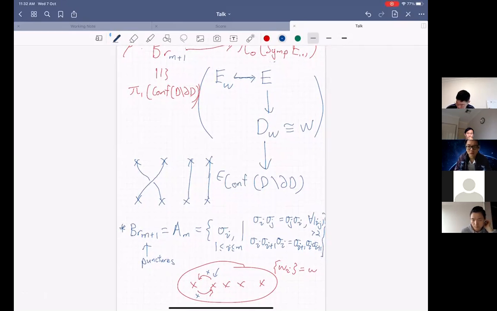So let me draw it. E_W is everything here. And it's different from what we said last week, the week before. Last time we talked about monodromy of a singularity, right? That is only on a single fiber.